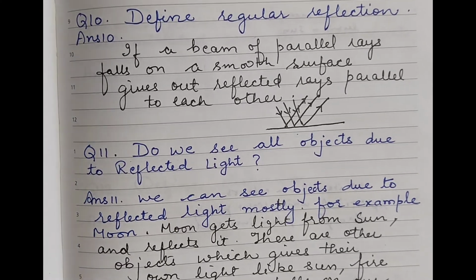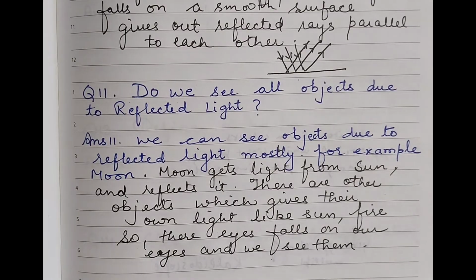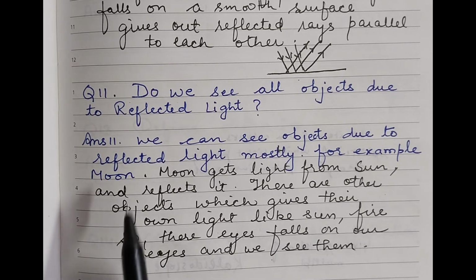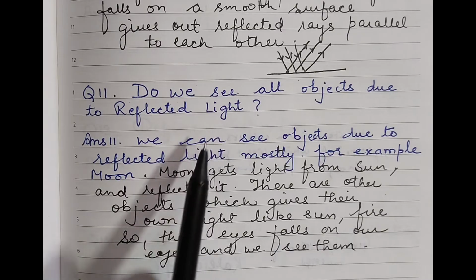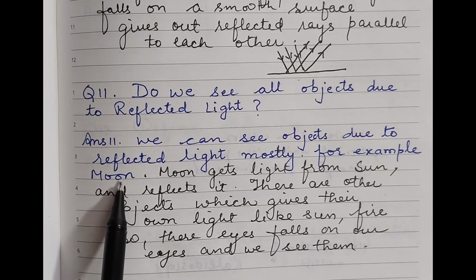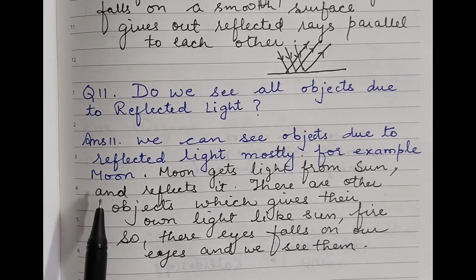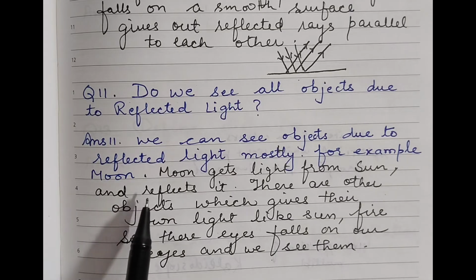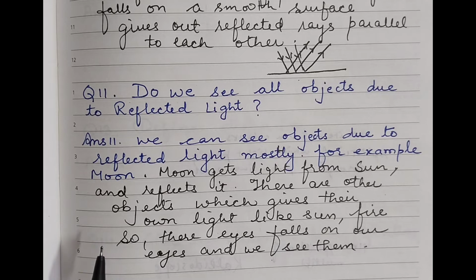There are two ways through which we can see all objects. We can see reflected light from objects having no light of their own, like the moon. But there are some objects like the sun, fire, and bulb, whose light falls on our eyes directly and we see them. Clear?